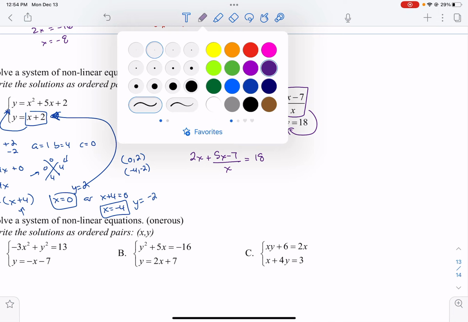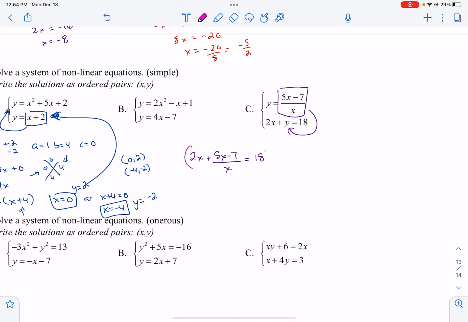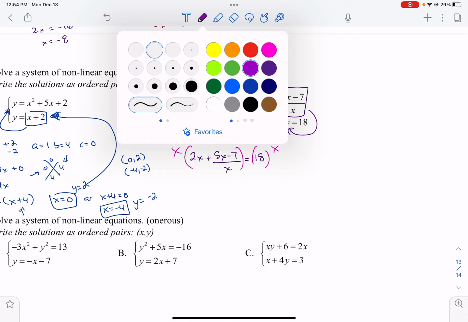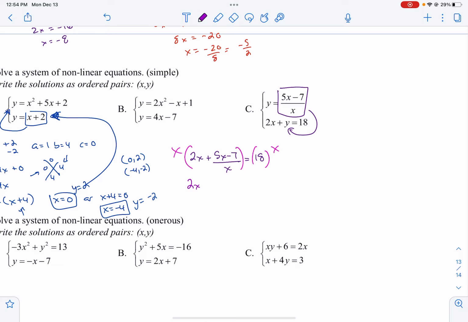And the way that I do that is I multiply both sides by x. I times everything over here by x, everything over here by x. So I end up with 2x squared plus this x and this x cancel. So I end up with 5x minus 7 equals 18x. So now when I railroad track and minus 18x, I end up with 2x squared minus 13x minus 7.